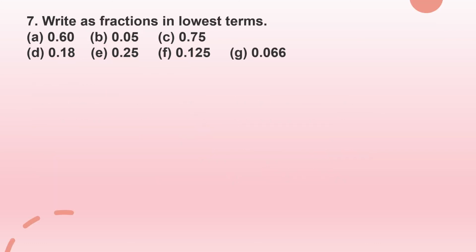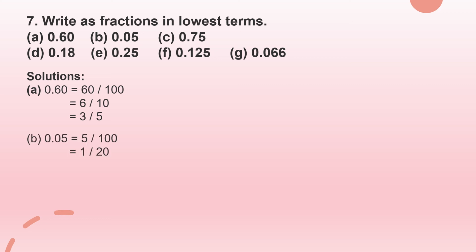Write as fractions in lowest terms. First one 0.60. 0.60 means 60 by 100. That is equal to 6 by 10. When we have 2 as a common number, so cancel 2, we get 3 by 5.